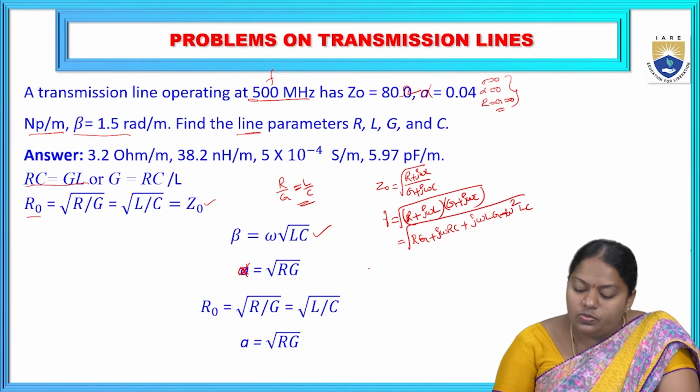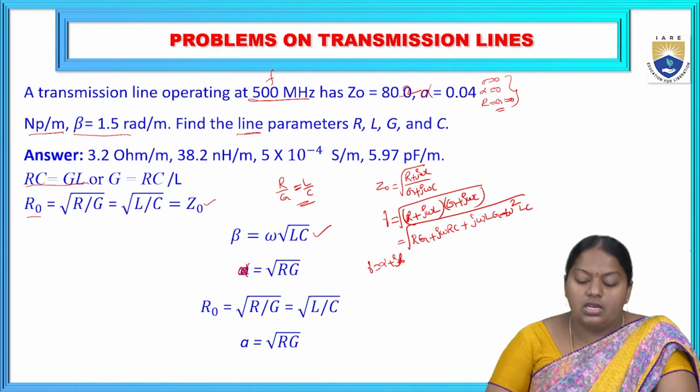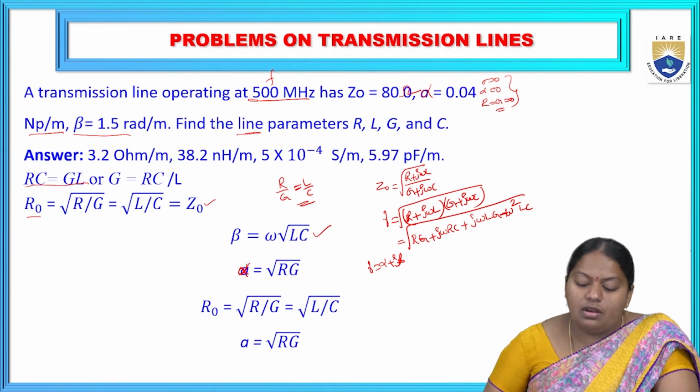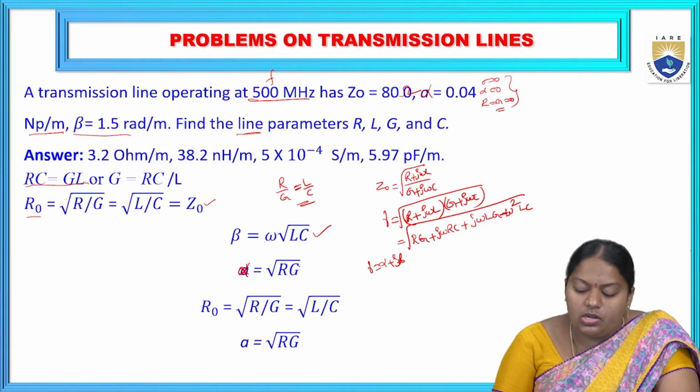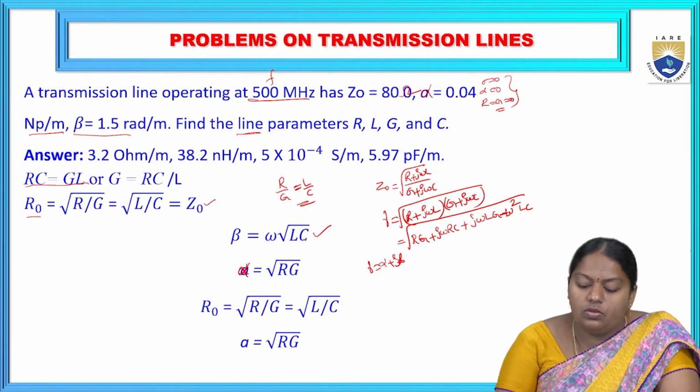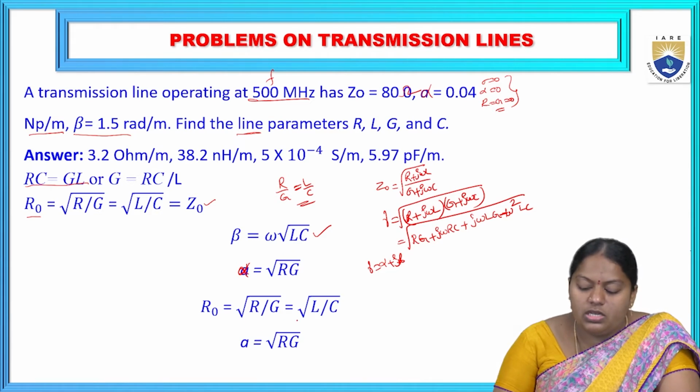Right? So as we know that gamma equal to attenuation constant alpha plus j beta, by comparing both sides real and imaginary, then attenuation constant alpha becomes root over RG, and beta equal to root over LC, or R naught equal to root of R by G, which is equal to root of L by C.